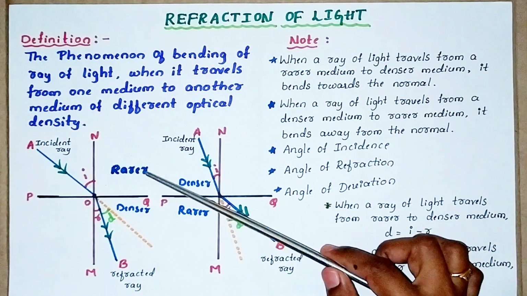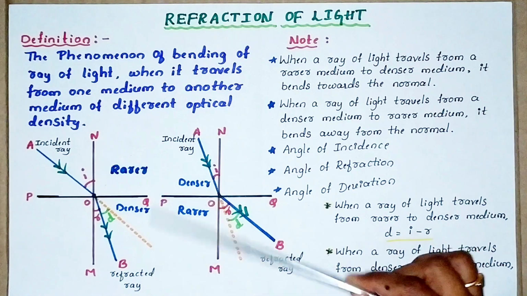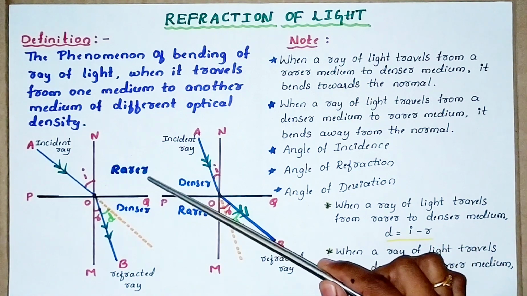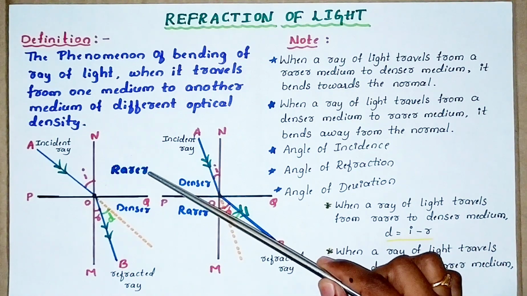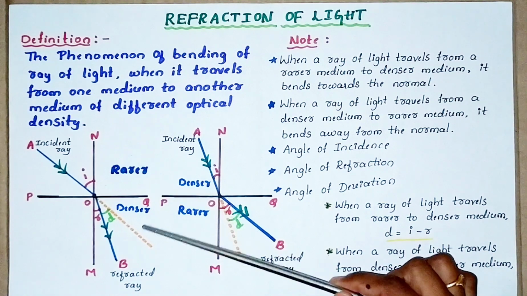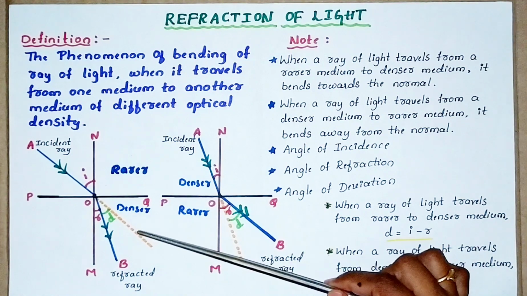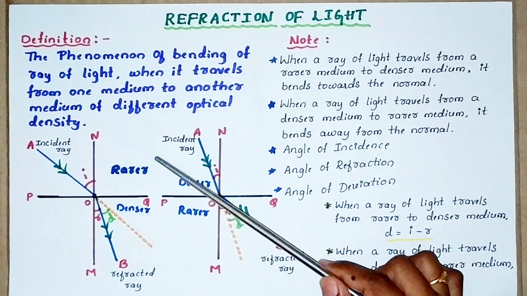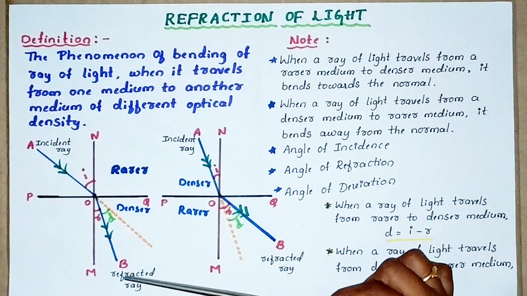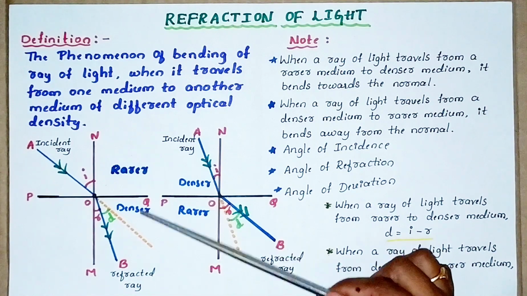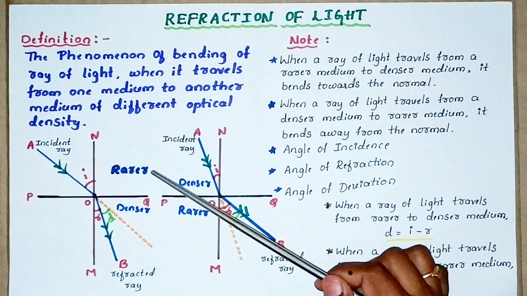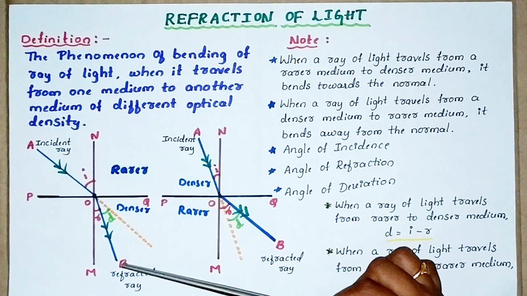So what are these rarer and denser media? Rarer medium means the medium which has low density. Denser medium is the medium which has high density. In the first diagram, the ray of light is traveling from the first medium to the second medium, that is, rarer medium to denser medium, or low density medium to high density medium.